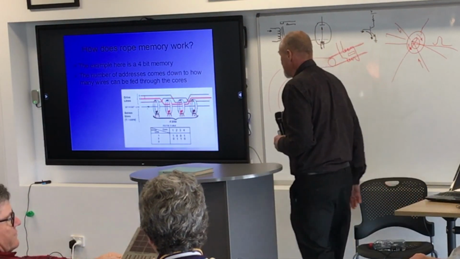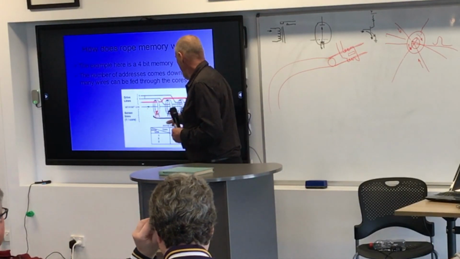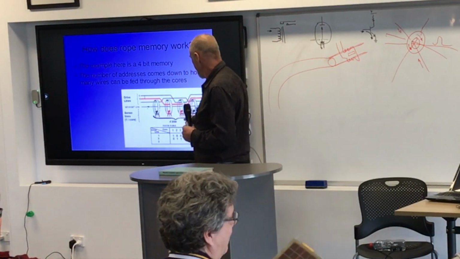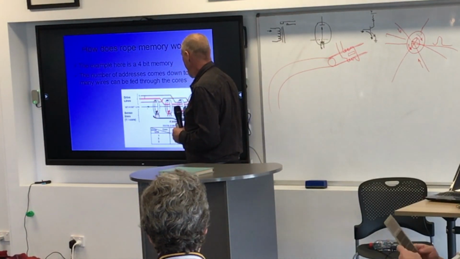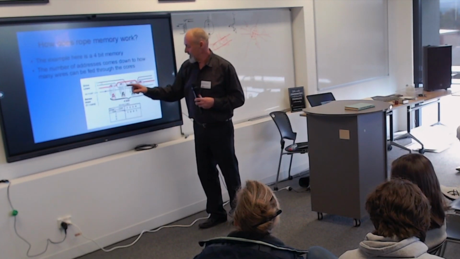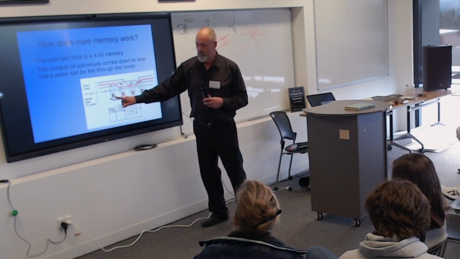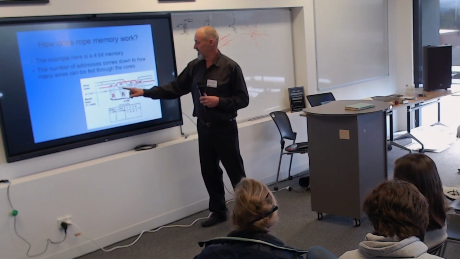So how does it work? In essence, we have 4 beads for 4 addresses. If we put a pulse on wire 3, nothing's detected here because it didn't go through the bead. Nothing's detected here.